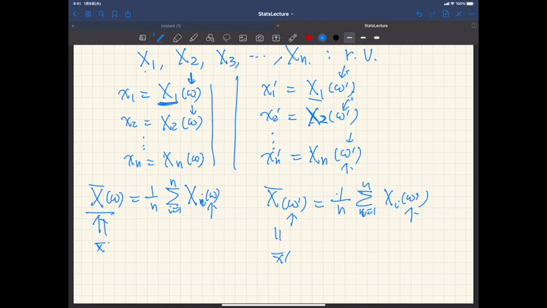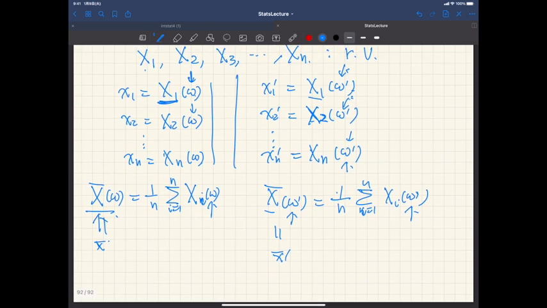So every year we have slightly different values, maybe very different values, but we consider them as a realization of the same random variable, but with a different input from the sample space.